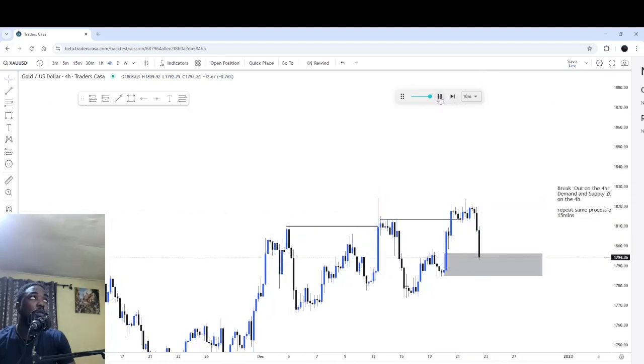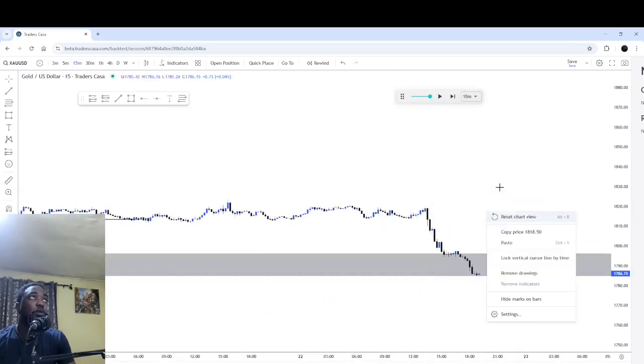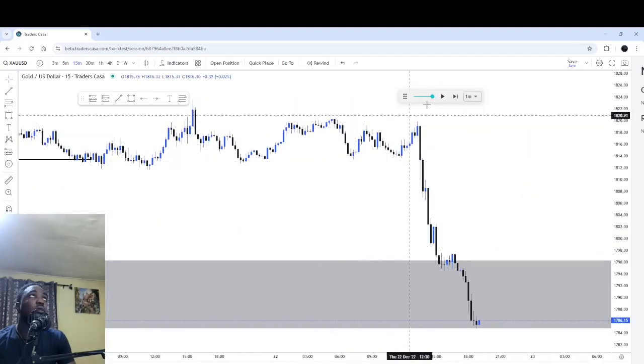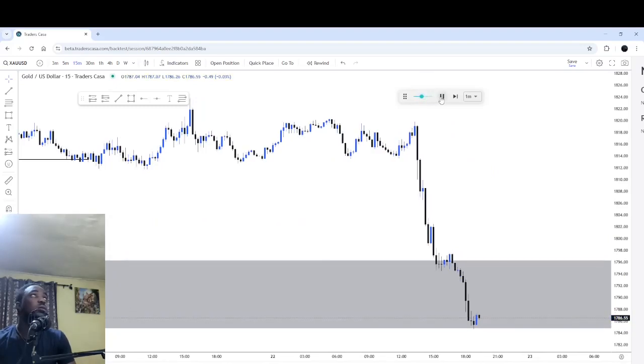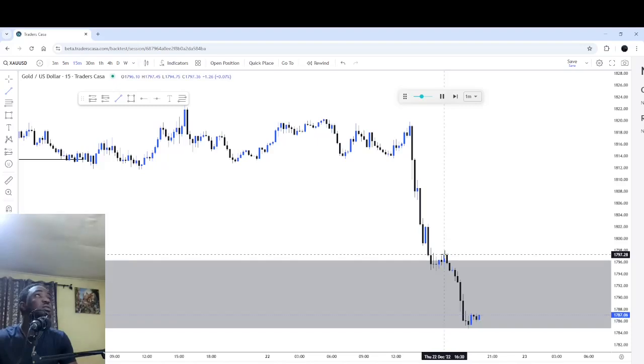Okay, so we've gotten a touch right now, 10 minutes, and we'll lower our timing. So this is our structure, our last structure.